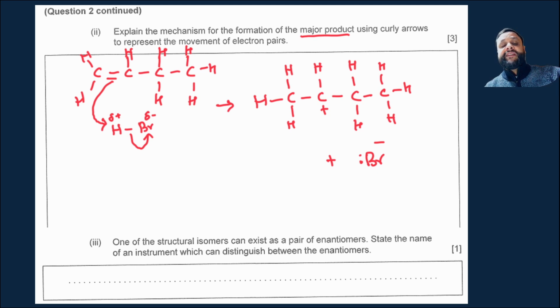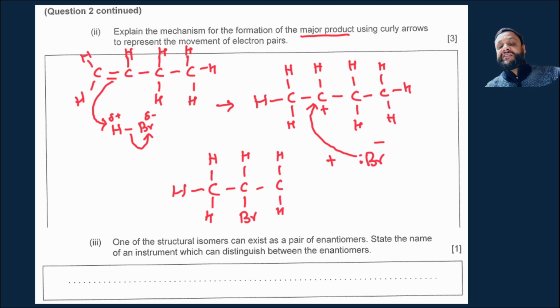The next step is that Br will act as a nucleophile and attack the carbon which has a positive charge. So an arrow from the lone pair to that carbon, and our product will be 2-bromobutane, the major product, with CH3 as it is.